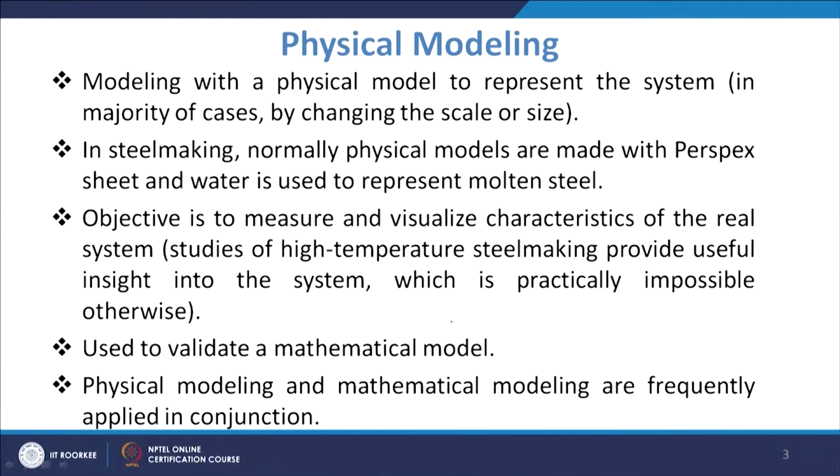So, coming to physical modeling, a physical model represents the system in the majority of cases by changing the scale or size. You have a physical model in front of you, and you work with it, and that is used for representation of the system. In most of the cases we are reducing the scale.